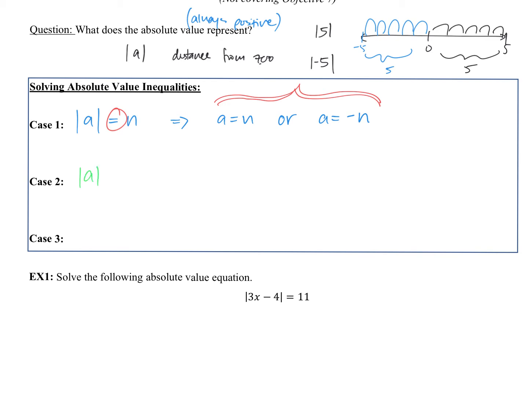So we have another option. We have the absolute value of a is less than n. Now how would we rewrite that without the absolute values? Well, we're going to end up with opposite of n is less than a, which is less than n. And notice this goes for less than or equal to as well. And we have one more option. If we have the absolute value of a is greater than n, to translate that without the absolute values, will be a is greater than n, or a is less than the opposite of n.